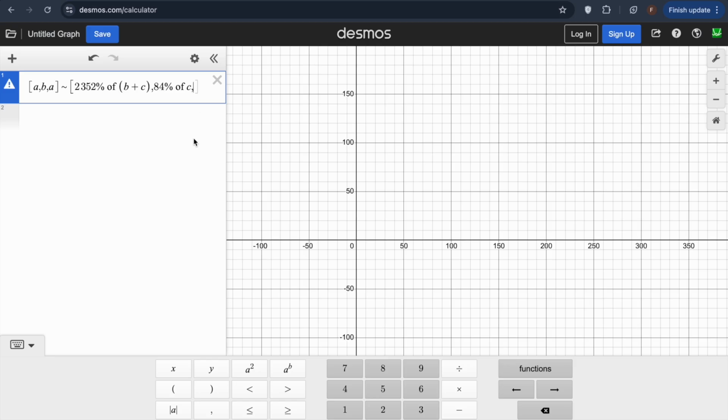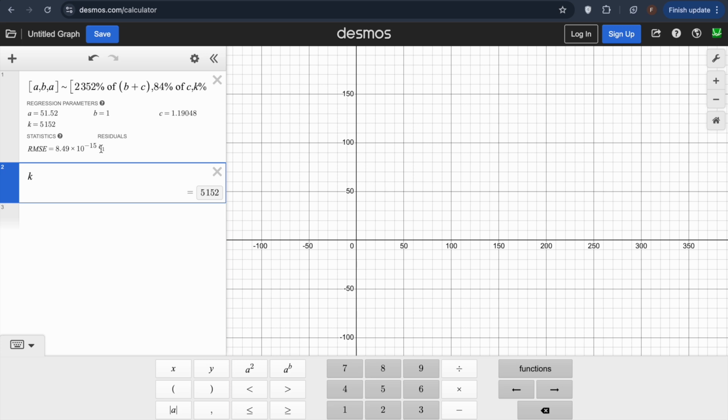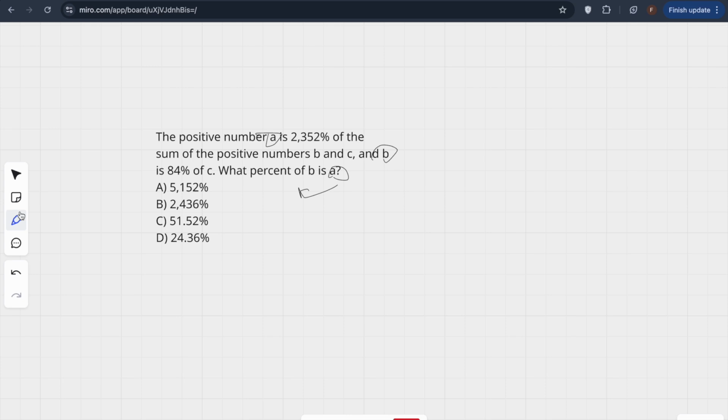So we can just plug K percentage of B would be A. And Desmos would automatically find our K. It would be 5152. And here the right option would be A.